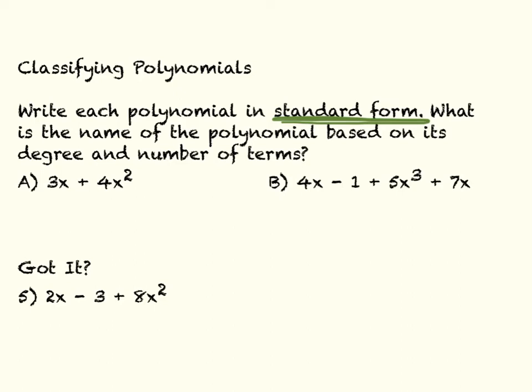So I want you to think of a bicycle and a tricycle. Bicycle, tricycle, okay? Bicycle has how many wheels? 2, because of that prefix bi. So a binomial has how many terms? 2 terms.